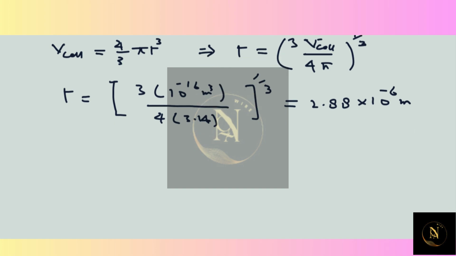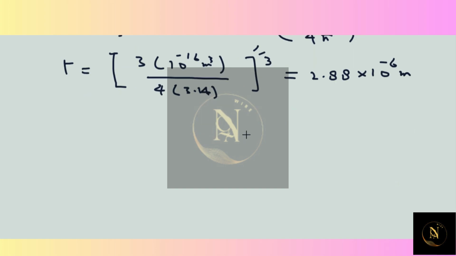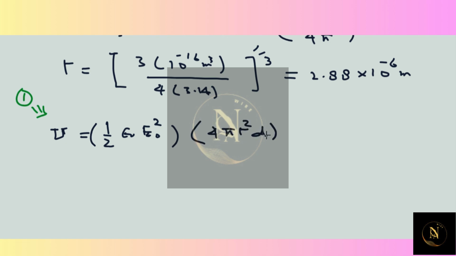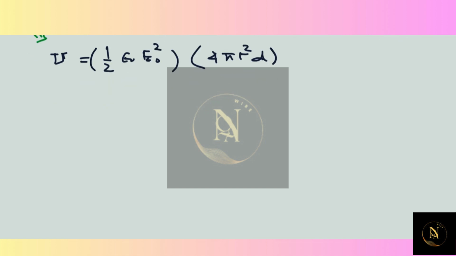Now by inserting the energy density and the volume of the wall into equation number 1, capital U is equal to 1 divided by 2 epsilon naught E naught squared, into 4 pi r squared d. Let's write the values into this equation.